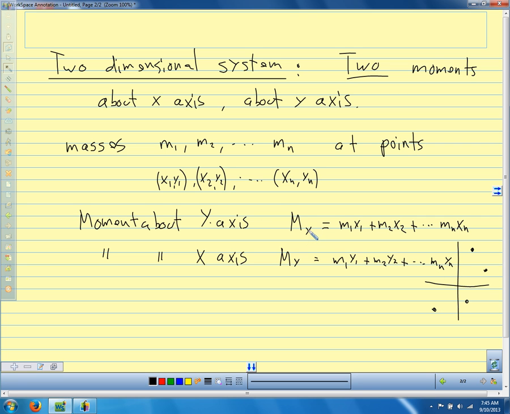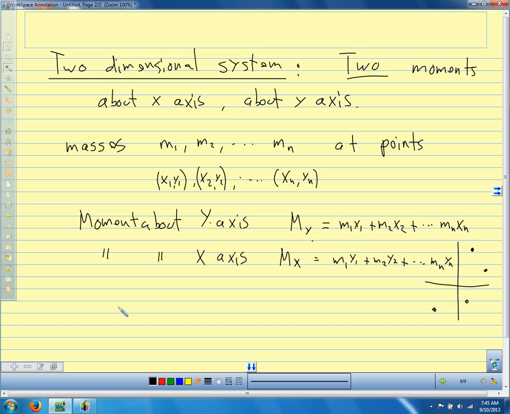This should be x. What about the x? No, about the y. This should be x. So the moment about the y is given by multiplying the masses times their distance from the y-axis, which is given by the x-coordinate. Moment about the x-axis, masses times their distance from the x-axis, which is given by the y-coordinate.